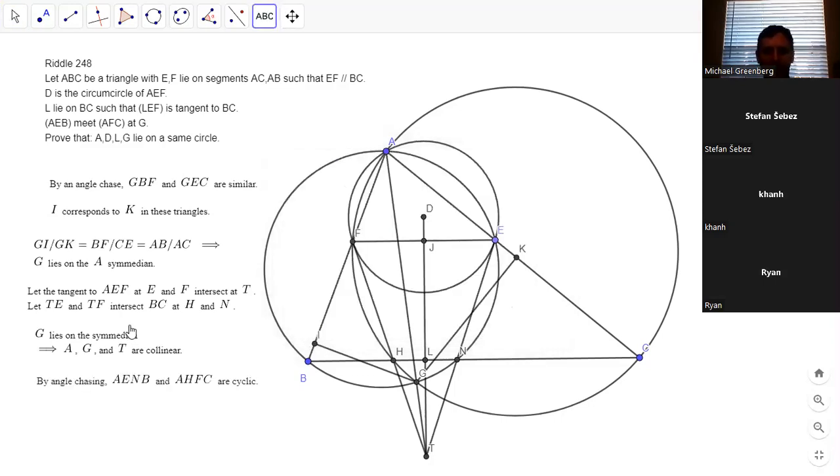And then we have by power of a point, TG times TA is TH times TF.